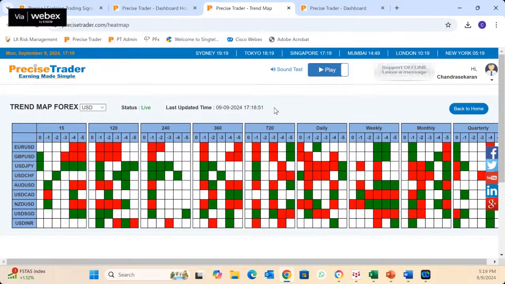Right now, if I give you the statement, the time control is daily down. This is what I meant by time control. That means the daily is down, so the price is expected to go down until the end of the day, unless there is a reversal. Otherwise, the time control here is daily.